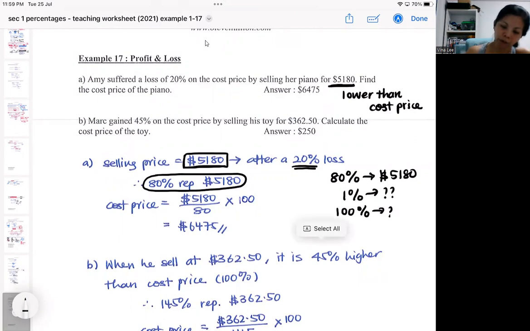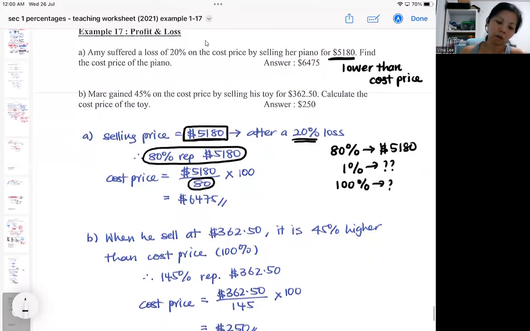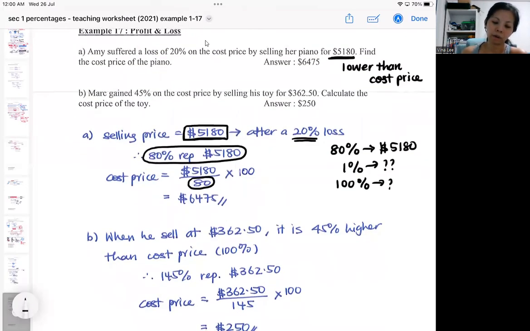So what I do will be, I divide the 5,180 by 80%, and then I multiply by the 100 that I'm interested in. So the cost price is 6,475.